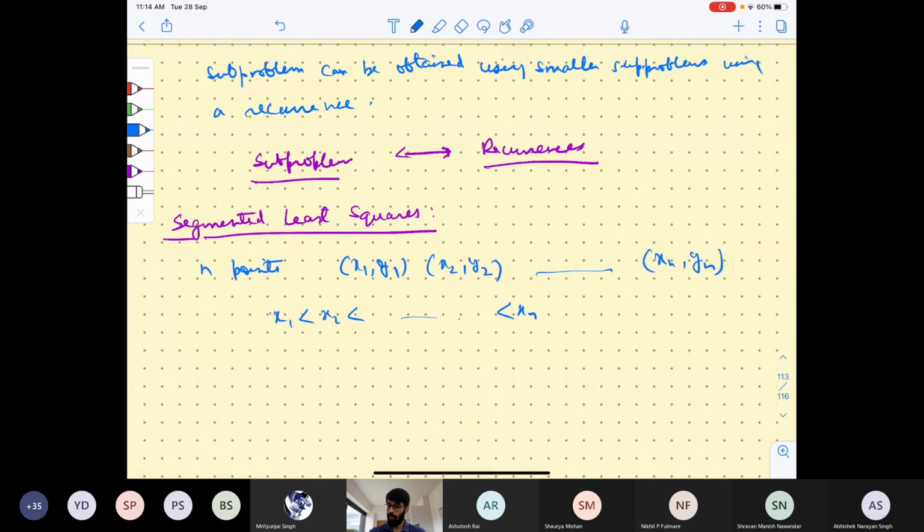And now you want to find a line, right? Let's say L is equal to ax plus b, that is best fit to the points.